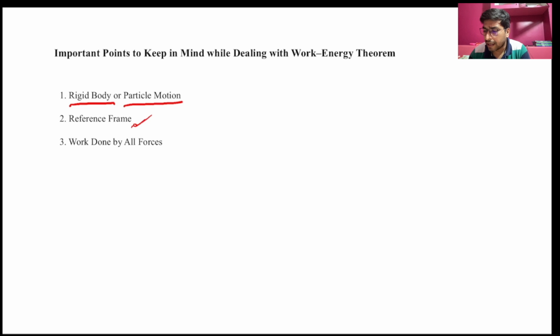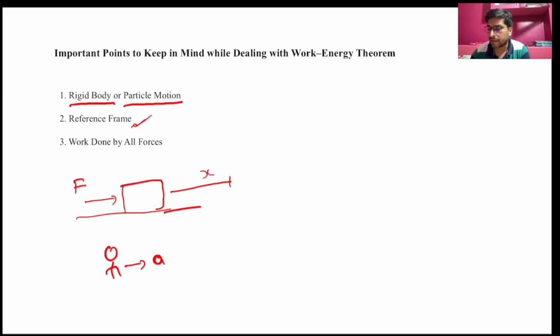So suppose there is an object on a wedge and you are applying a force, suppose F, and the object gets displaced by X, and you are observing this motion with a moving acceleration A. In that case, your frame of reference is non-inertial. And calculating from a non-inertial frame of reference, you have to consider work done by the pseudo force also. In a later numerical, we will consider this example also.